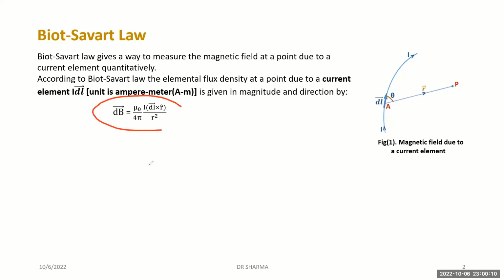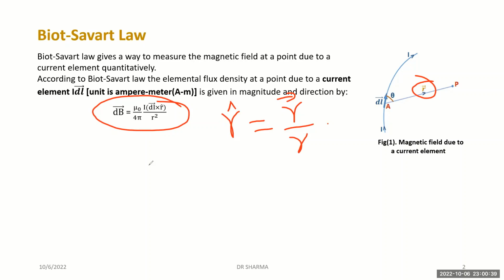The elemental flux density is given by dB vector is equal to mu naught upon 4 pi, I dl cross r cap upon r square, where r cap is the unit vector along the vector r, and mathematically it is given by vector r divided by its magnitude.